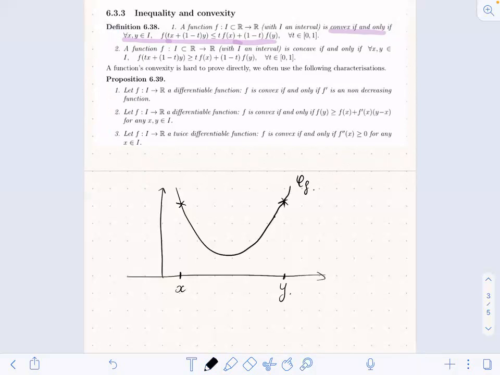And if you're two times differentiable, which is often the way the statement is given, you'll be convex if and only if your second derivative is positive. Second derivative positive implies f prime is non-decreasing. So those are two ways of proving it.